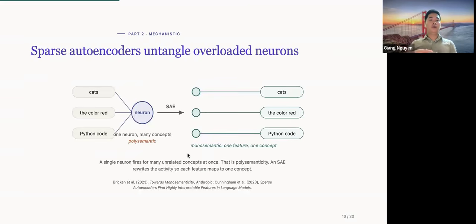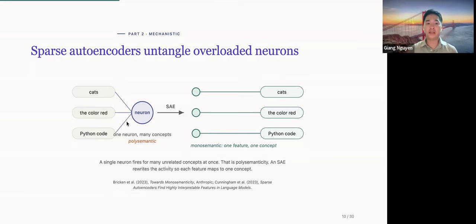Okay, so let's look at a popular and powerful tool for mechanistic interpretability, the sparse autoencoder, or SAE. Here's the problem it solves. A single neuron usually fires for many unrelated things at once. For example, just one neuron in our normal network will activate for cats, for the color red, and for Python code patterns.